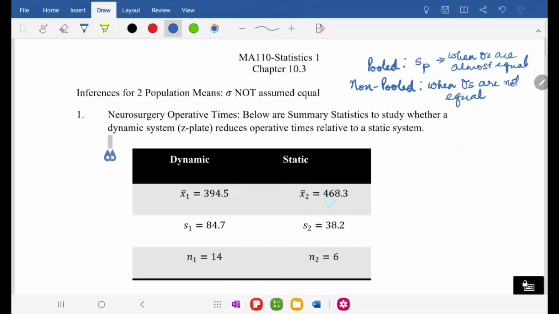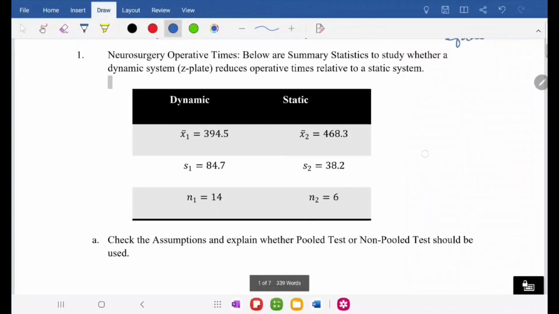So our sample data shows that the static system took more time. And then the standard deviation S sub 1 was 84.7. For S sub 2, the sample standard deviation for the static system, it was 38.2. And we have the sample sizes. For dynamic system, 14 surgeries were recorded, and for static system, only 6 surgeries were recorded.